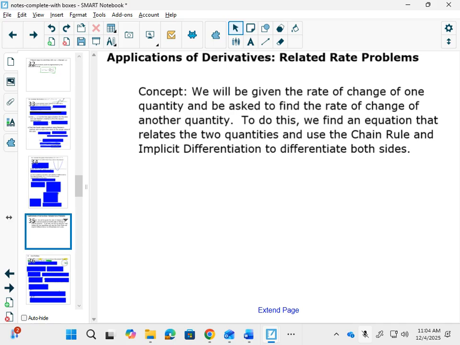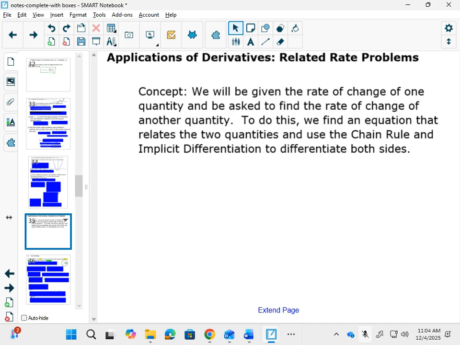What happens to the balloon as you let the air out? It gets smaller. So as the volume is getting taken out, the balloon is getting smaller, which means that its radius is changing, its circumference is changing. So I might tell you the volume is changing at this rate. How fast is the radius changing at this moment?